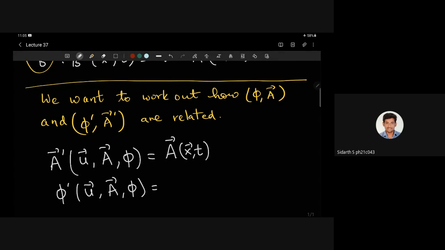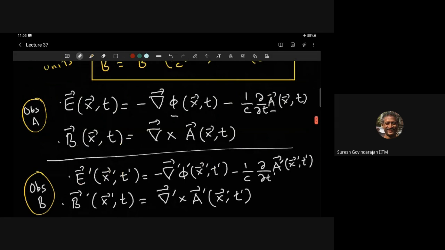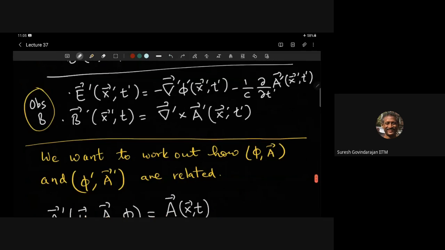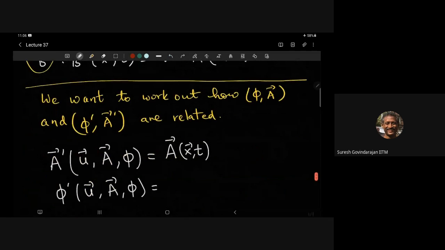B is an axial vector, but it's del cross A, so for this to work, A should be a polar vector. Just looking at this formula, you can figure this out. So we can only write polar vectors.